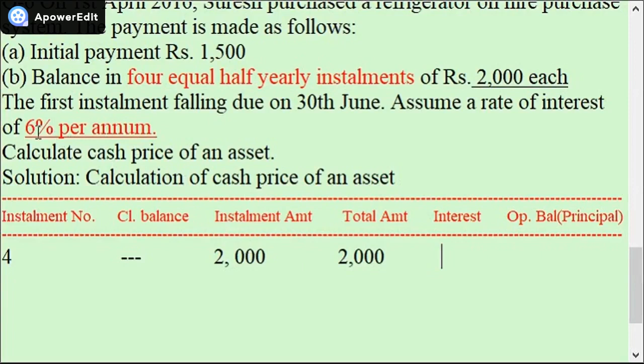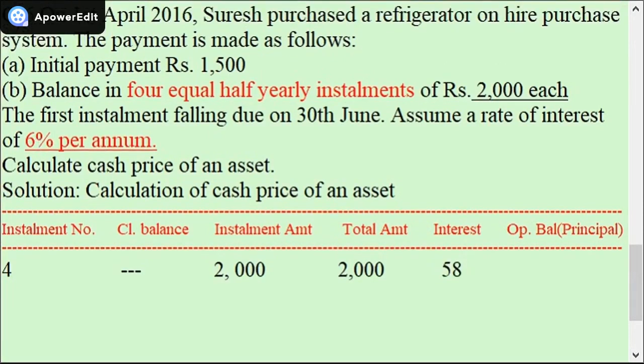So you'll take 2,000 into 3 divided by 103. That gives you 58 rupees. And the opening balance will be 2,000 minus 58, 1,942.